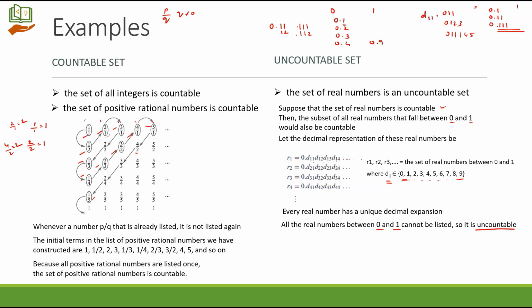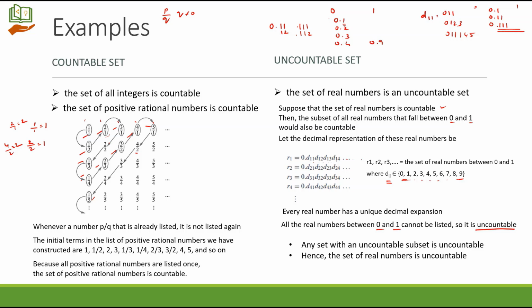Here we are showing it is quite difficult to count even between 0 and 1 because every real number is going to have a unique decimal expansion. If that is the case for 0 and 1, it can be extended to the complete set of real numbers. Any set with an uncountable subset is also uncountable.